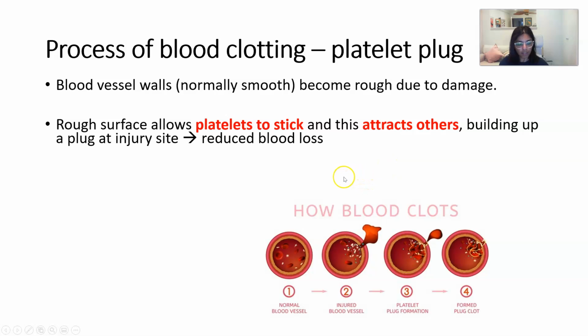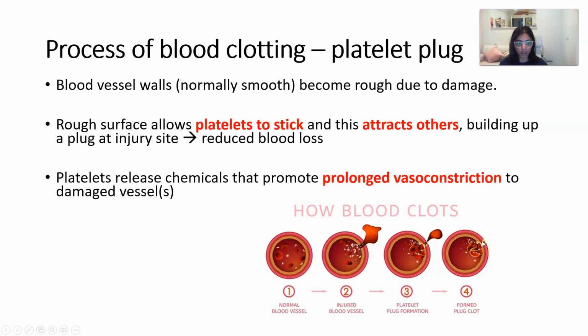The thrombocytes or platelets will start to stick to that rough surface, and they will start to release chemicals that will attract other thrombocytes or platelets, and eventually you will have a plug forming. This plug will plug that gap, and it will prevent any further blood from escaping from the injured blood vessel, and hence you will slow down blood loss.